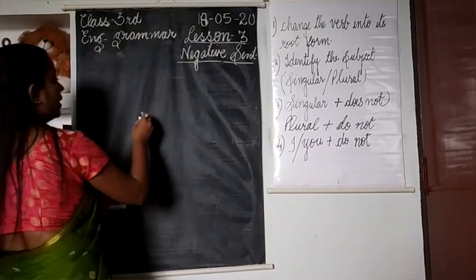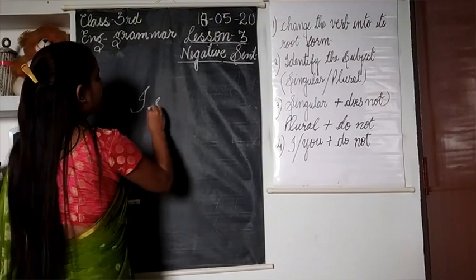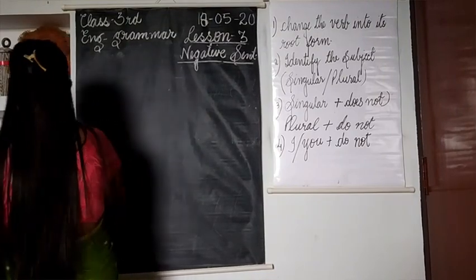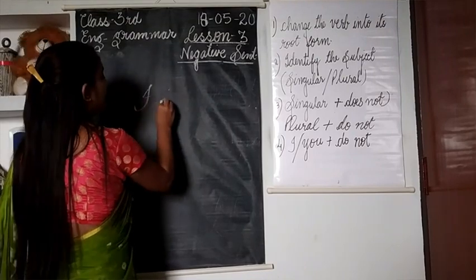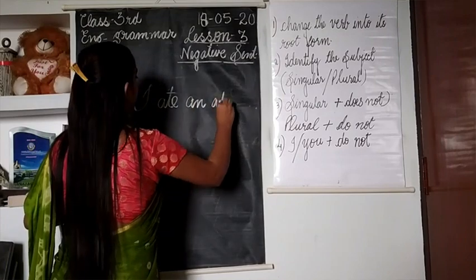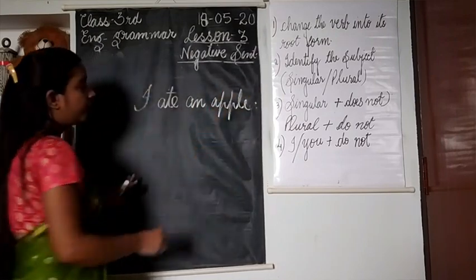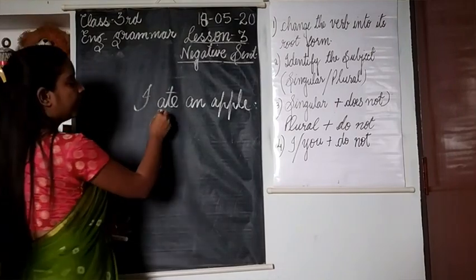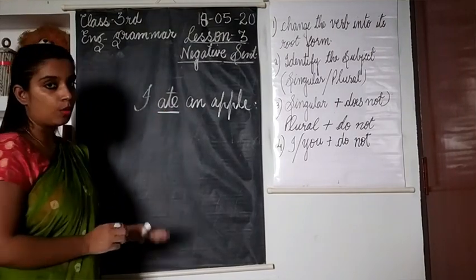For example, if I say, I slept, or I ate an apple. I ate an apple. Now see children, here in this sentence, what is the verb? Here in this sentence, ate is the verb. Okay?